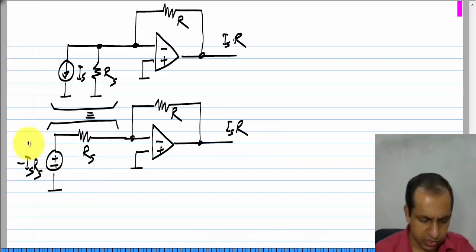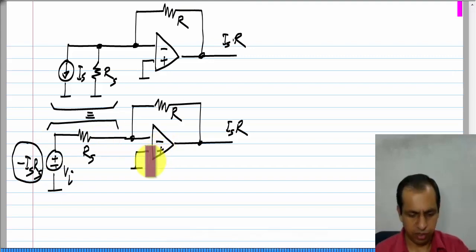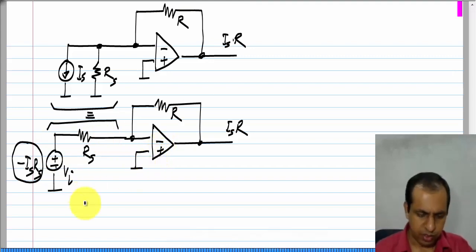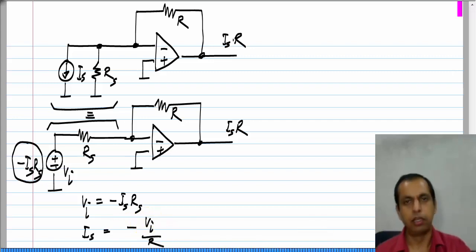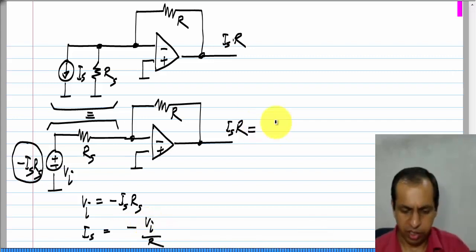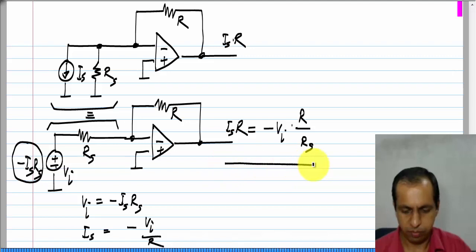And if I replace this minus I s R s by V I, okay, I think of this circuit with a voltage input V I and some resistance R s which is connected to it. Okay. Then V I will be minus I s R s and I s will be minus V I by R. Substituting that in here, I will get the output voltage to be minus V I times R by R s.